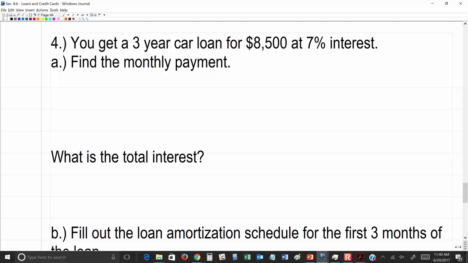So then we have T is 3, P is 8,500, R is 0.07, and then N is 12 because it's monthly.